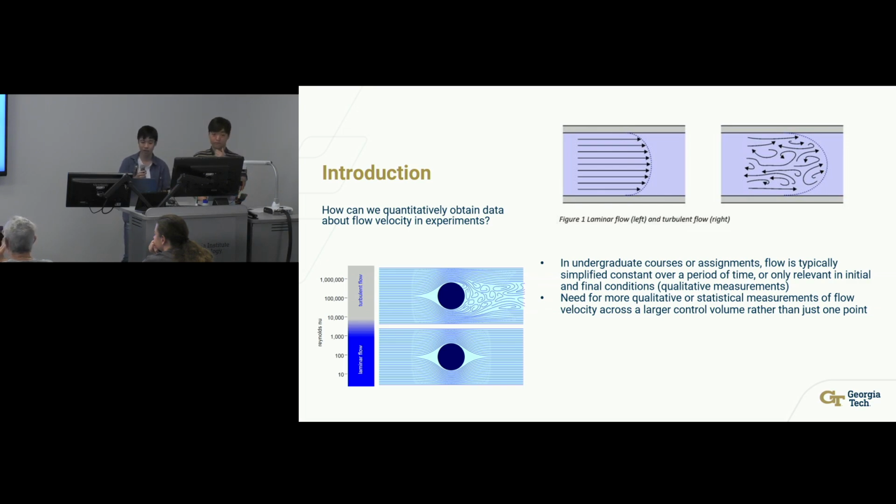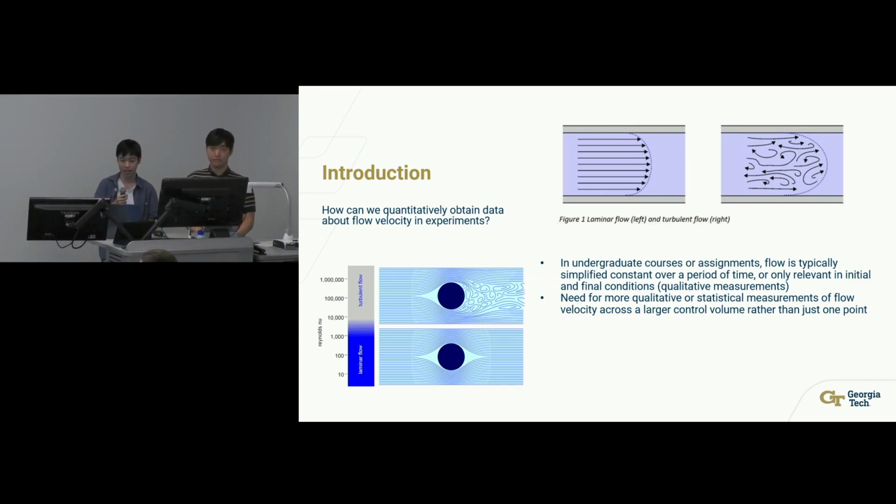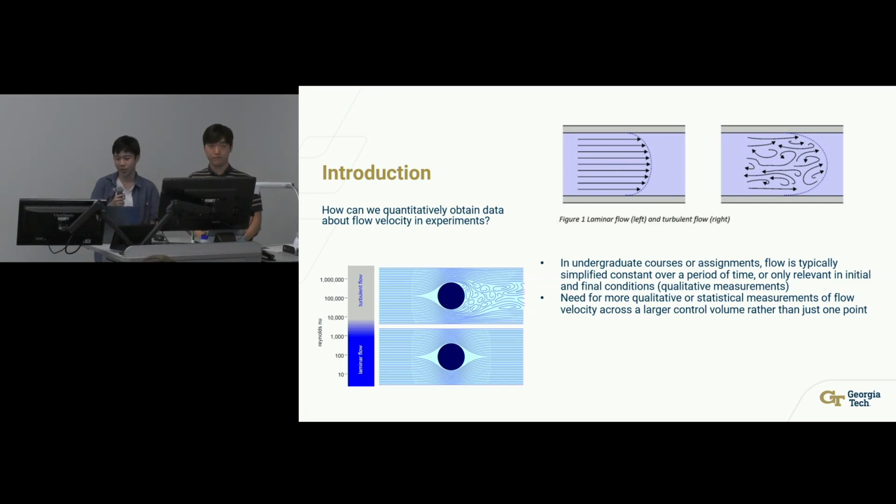At an undergraduate level, flow is typically simplified as a constant over a period of time, or only relevant for initial and final conditions. As we investigate further into the nature of fluid flow in different scenarios, the need for more quantitative or statistical measurements of fluid velocity across a larger control volume and across a larger window of different times becomes necessary to define.